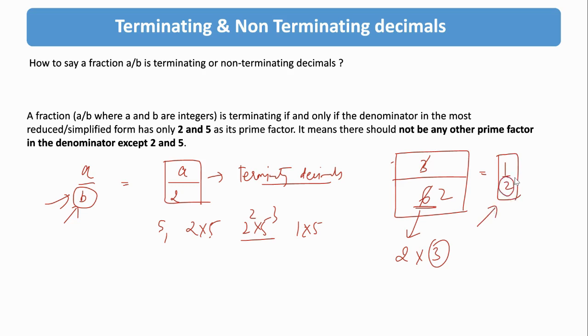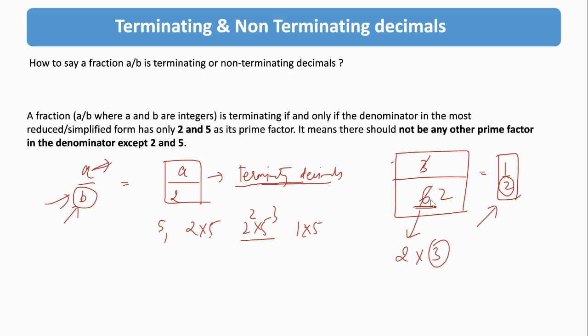So always remember, whenever we have a fraction a upon b where both are integers, if b is having only 2 and 5 as prime factors, no other prime factor, then it doesn't matter what is the value of the numerator. Even if we do not know its value, no issue, this will be a terminating decimal only.